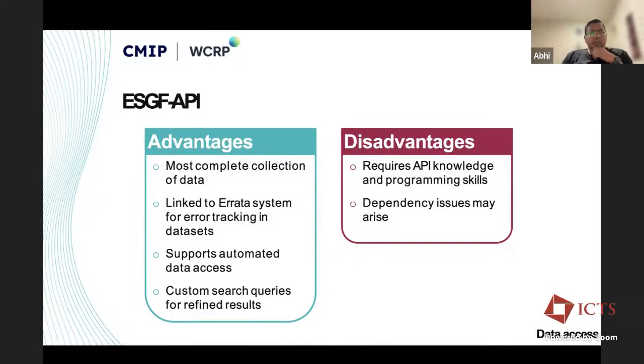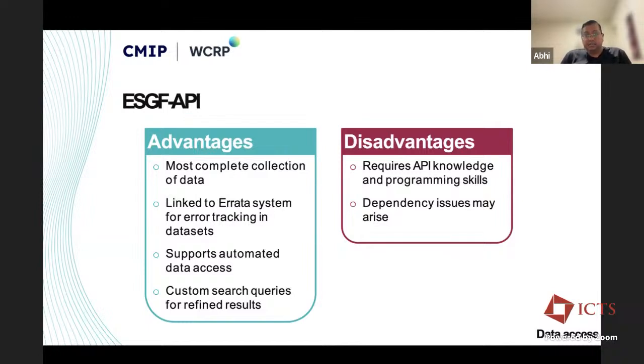Okay, so the other component is the ESGF API. These days APIs are quite commonly used for different services. The ESGF API gives direct access, so you could use a query language to get information out of the ESGF platform. It has the most complete collection of data.